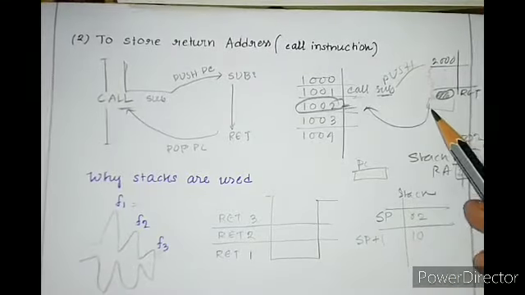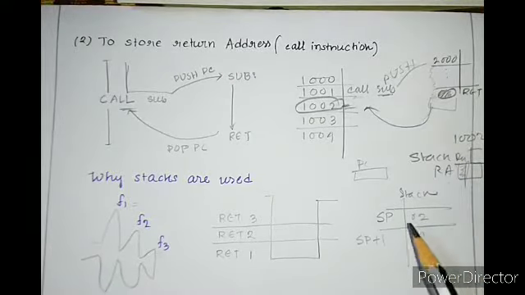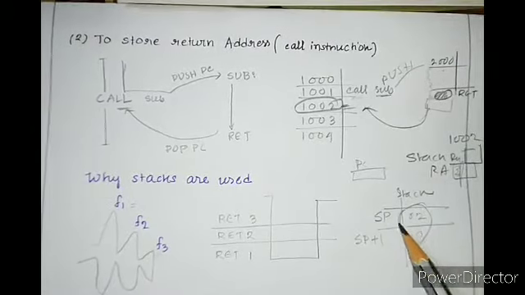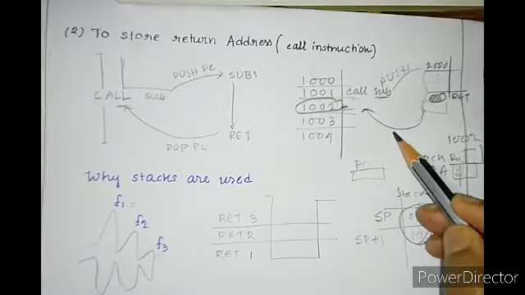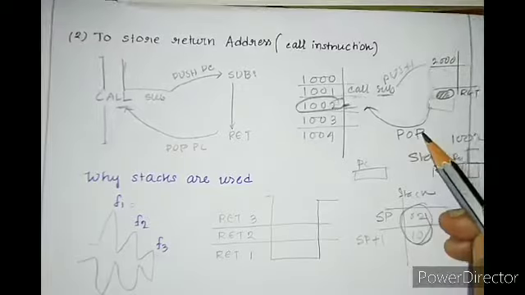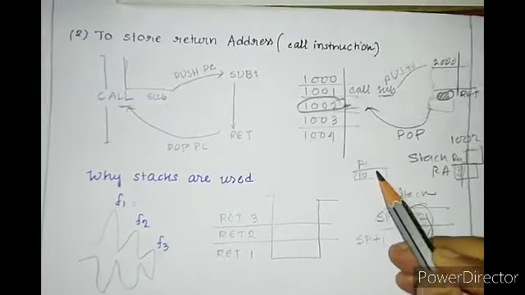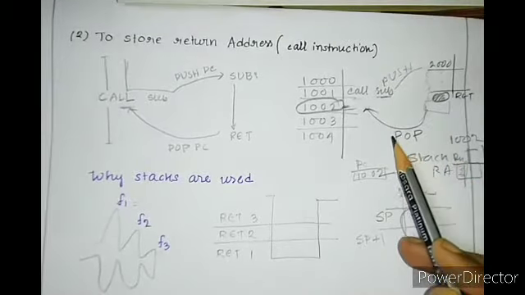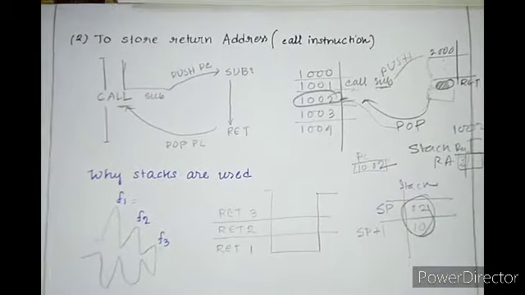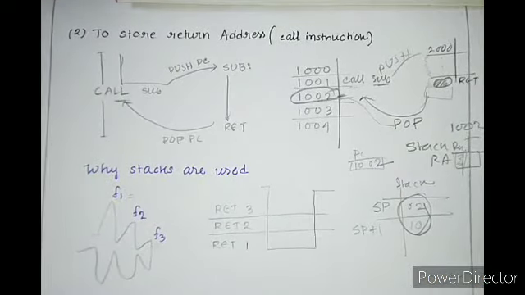Now when we return, first the return address from the stack will get popped. After popping, PC holds the address 1002, and this will come to this return address. This is why in the call instruction, the return address is stored in the stack.